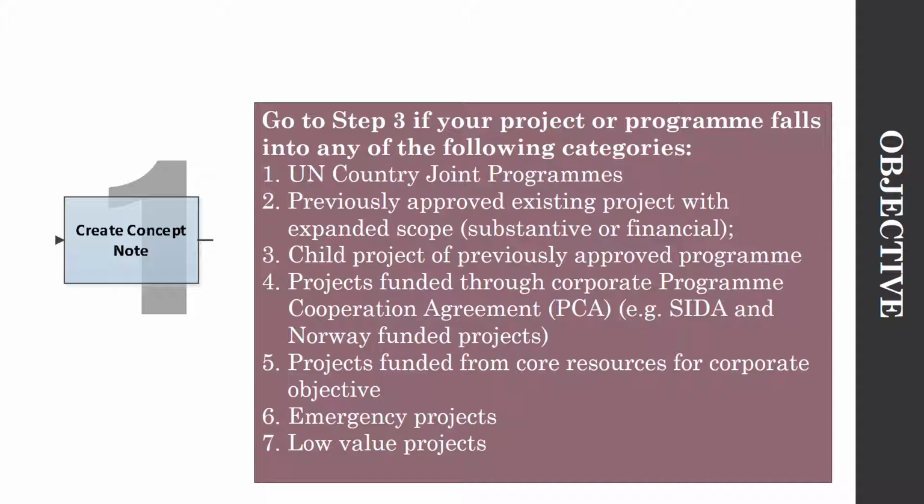Where you're not sure if your project is an emergency project, because at this point only humanitarian has been exempted, please do ask the program division director. The low value are projects up to $200,000. So all these seven categories of projects are exempted from step one, and so should go to step three to start.